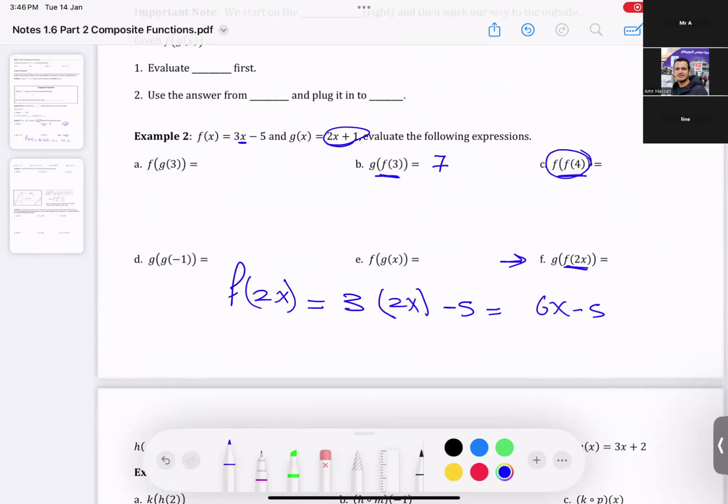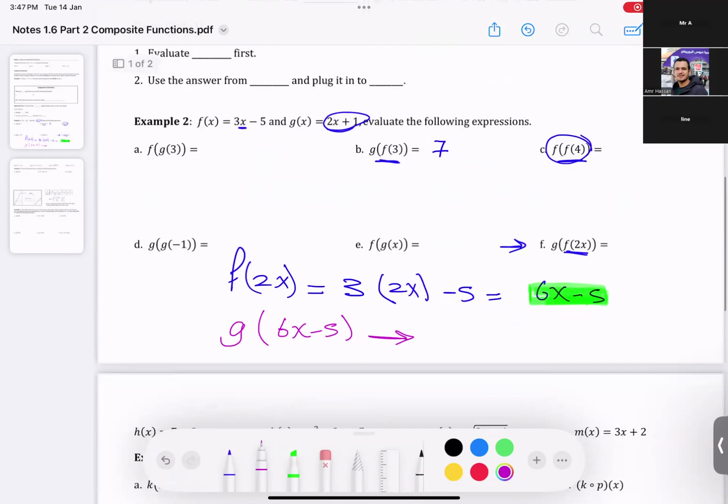Yeah. Okay. So this one, let me highlight it. This one's going to be the new input. So 6x minus 5. So let me write g of 6x minus 5, right? Yeah. Okay.